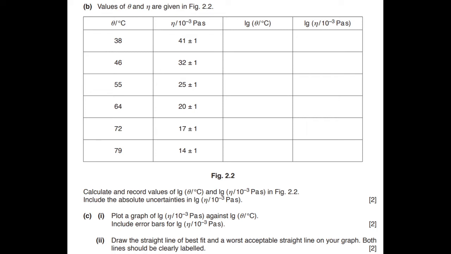Then you've got the higher value. You're now saying log of 42 minus log of 41. So this also is the uncertainty. This is the uncertainty in the 1.61. That's what we're trying to find.